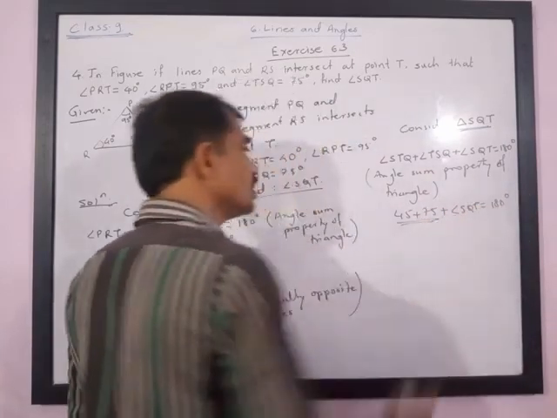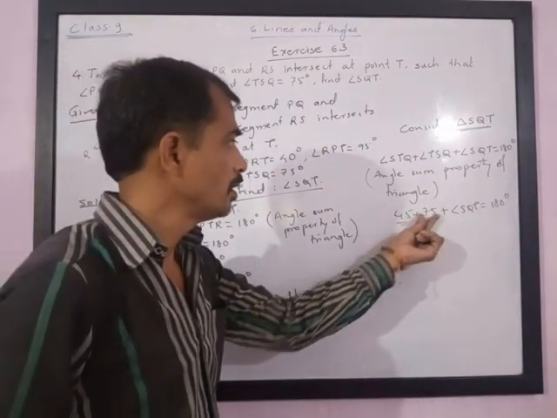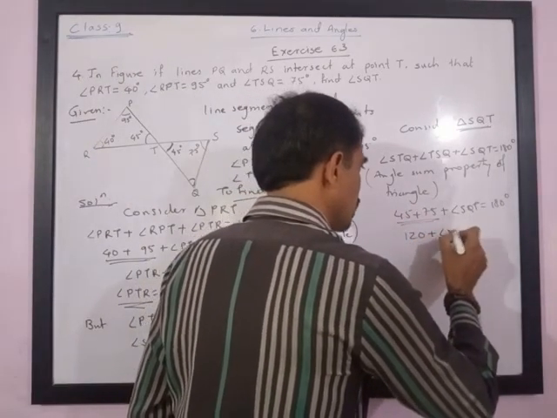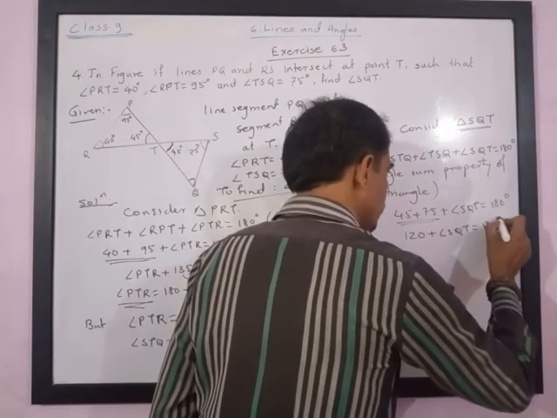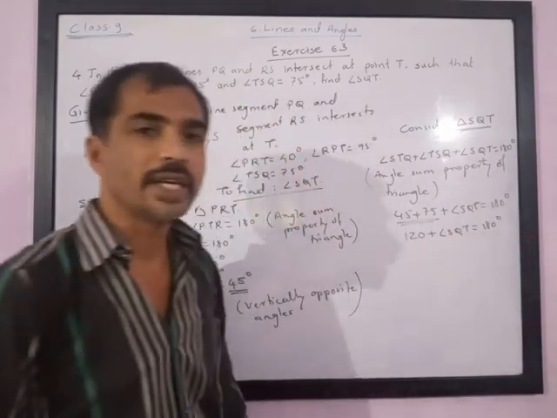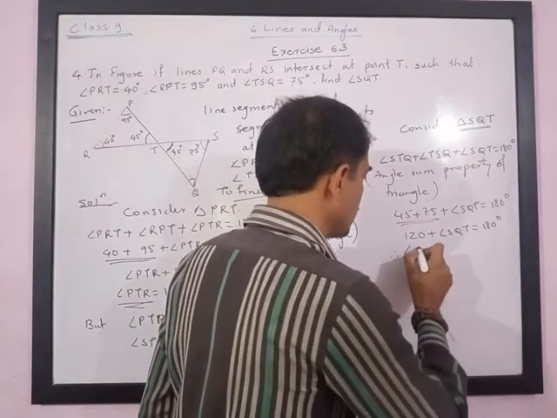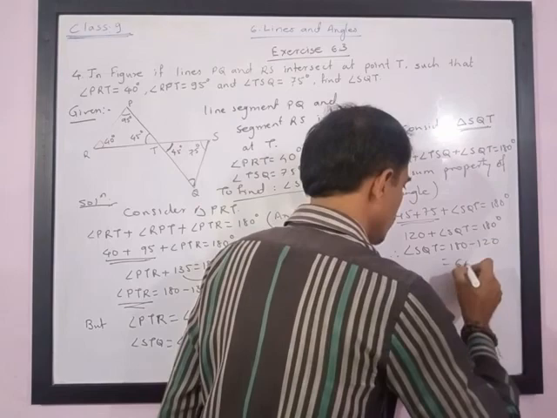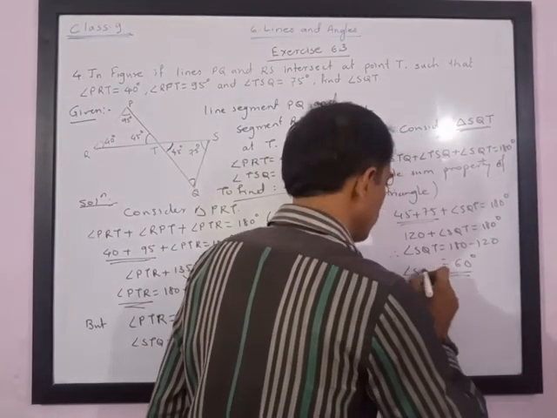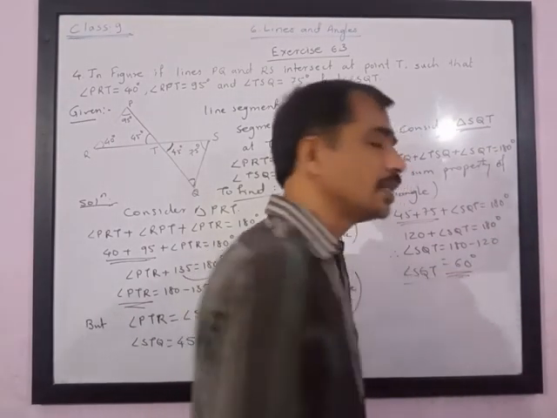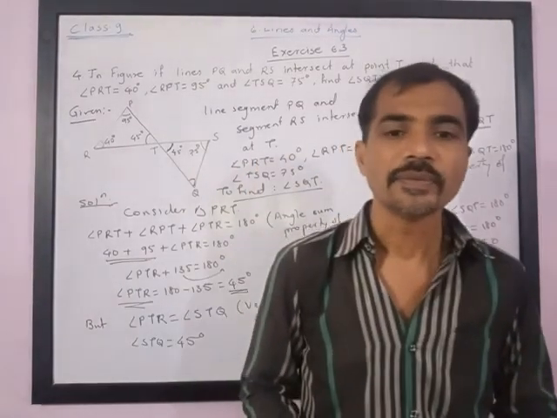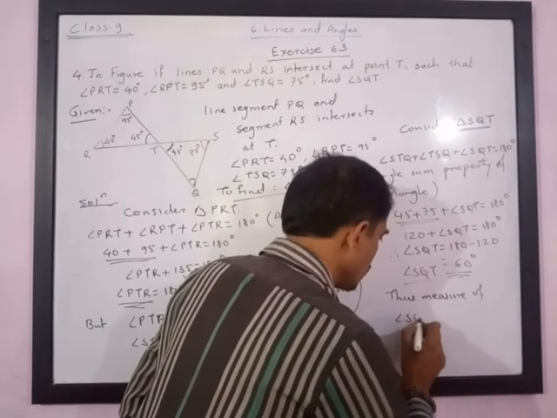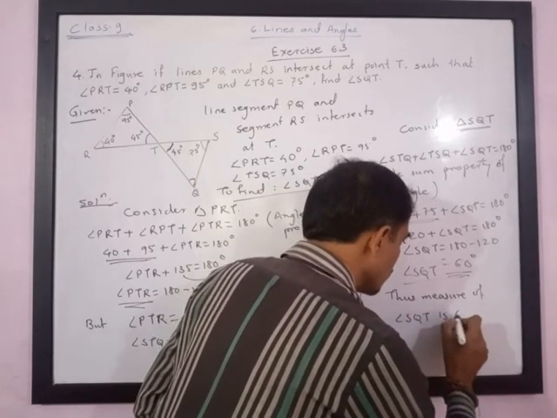If you add this, it is 120 degrees. 120 plus angle SQT is equal to 180 degrees. If you transpose 120 to the other side, it will become negative. Therefore, angle SQT is equal to 180 minus 120, that is equal to 60 degrees. So, thus, the measure of angle SQT is 60 degrees.